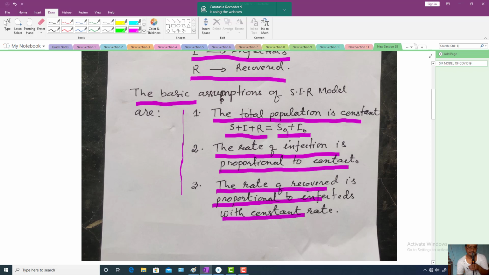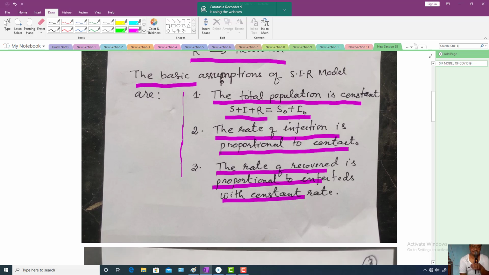At the initial time, S naught people are susceptible and I naught people are infected, so there are no recovered people at the first time the pandemic happens. There is no one who has recovered or died. So S naught plus I naught is constant.